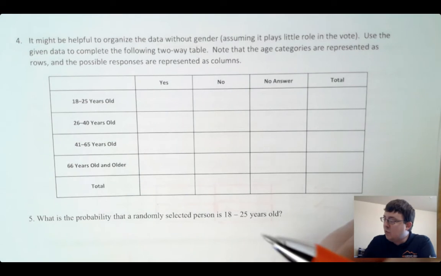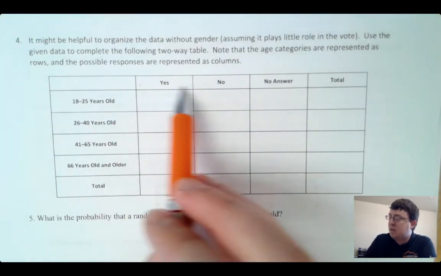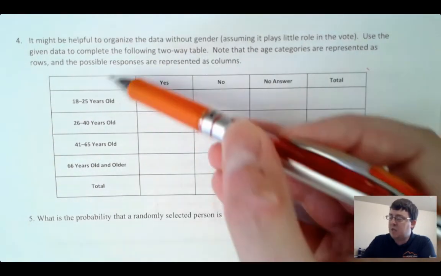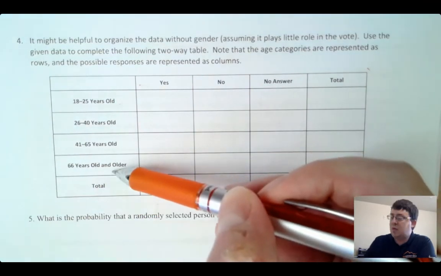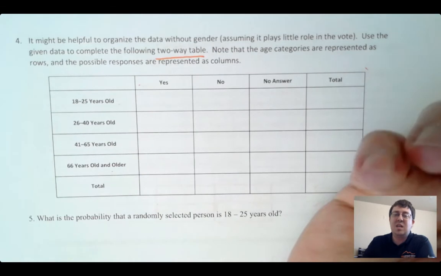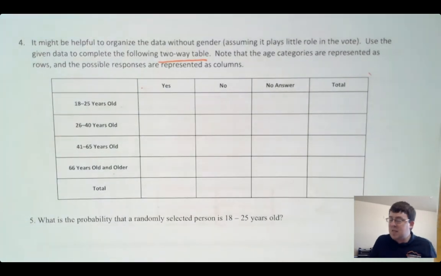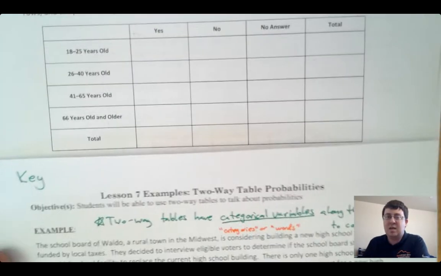So this is going to be a 2-way table because we've got one piece of information along the top, their vote, and one piece of information along the side, their age. Last time we had 3 things, so it wasn't a 2-way table. I'm going to call this a 2-way table because I've got 2 different things I'm looking at, their age and their vote. So what I need to do for this 2-way table is take the information from the last example.